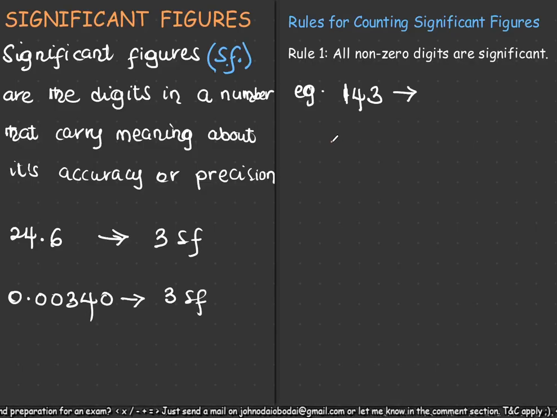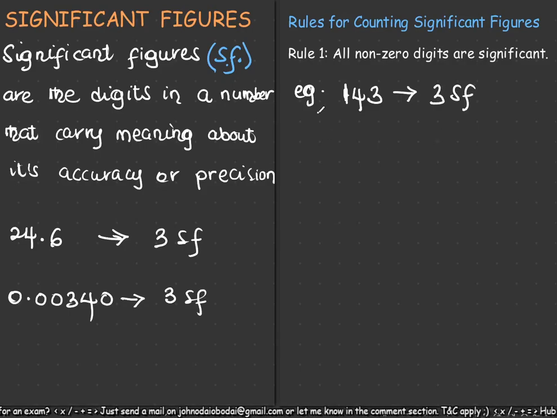If we say non-zero digit, we simply mean all the numbers from 1 to 9 inclusive. So 1 is a non-zero digit, hence it is significant. 4 is also a non-zero digit, hence it is significant, and same applies to 3. So what we have here has 3 significant figures, written as 3SF.